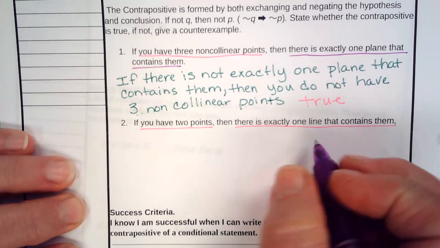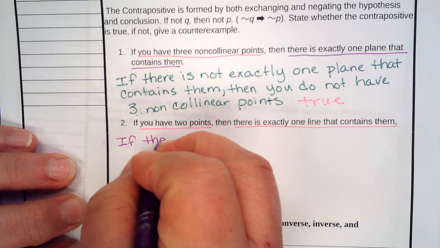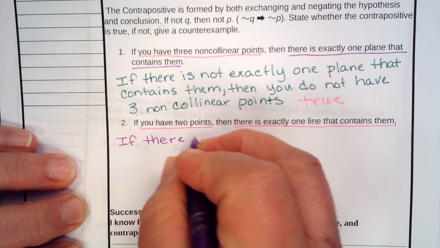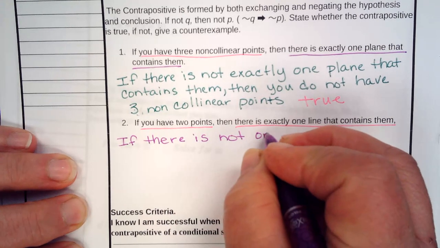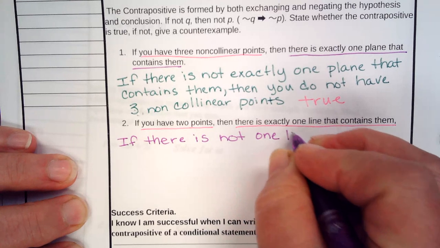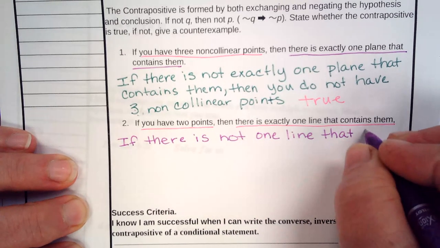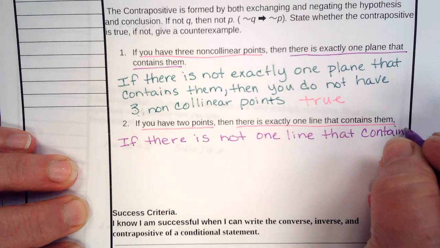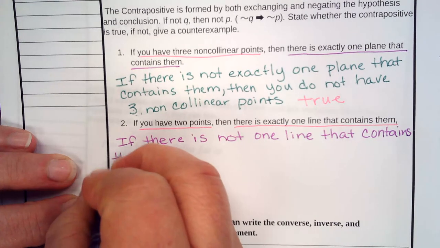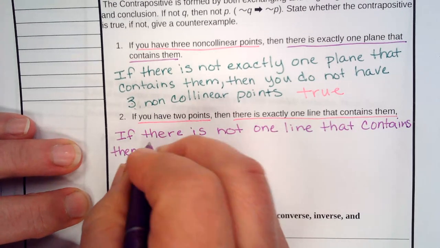If there is not one line that contains them, then you do not have 2 points.